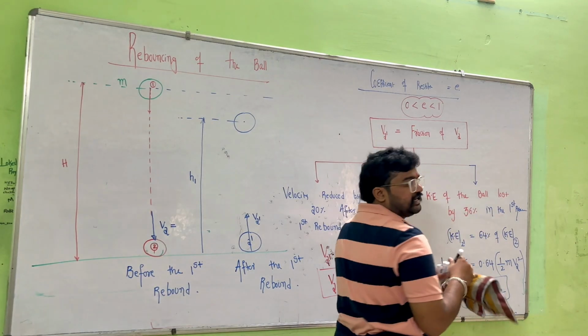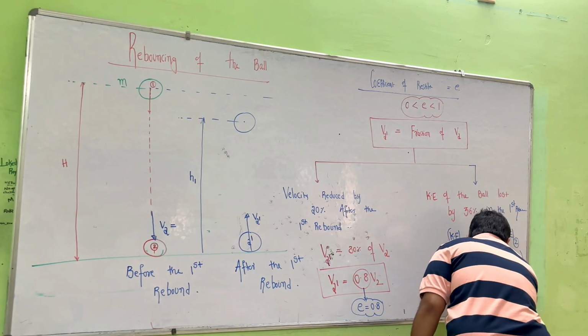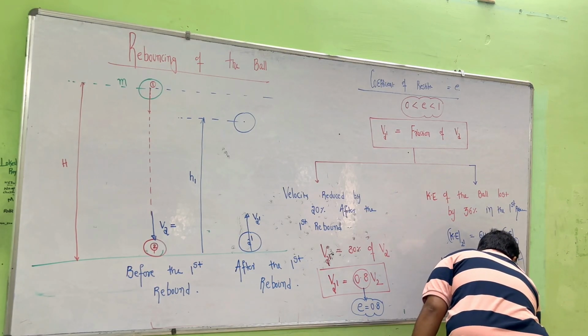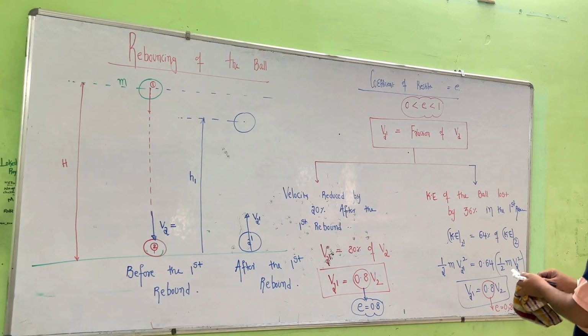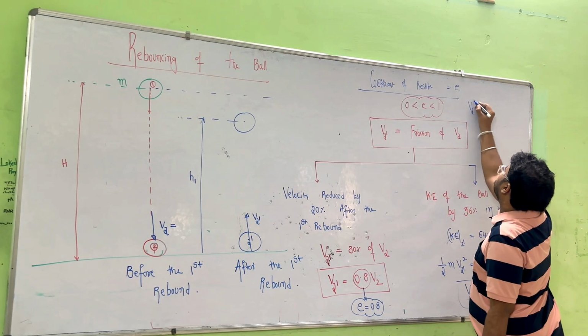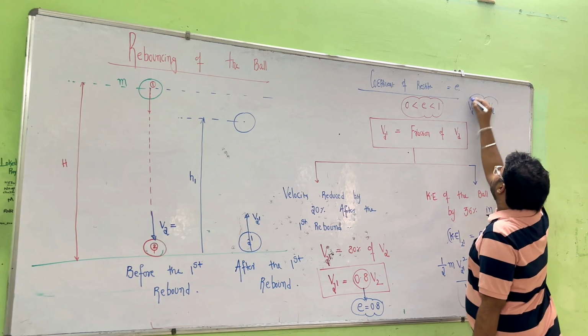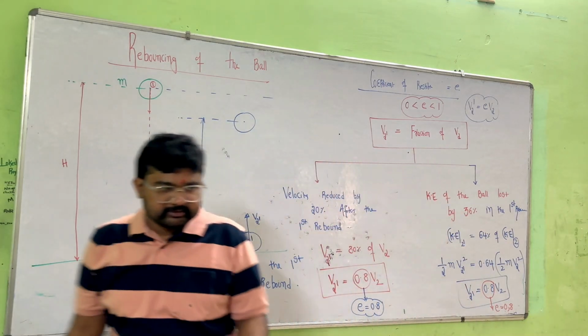Then 0.8 is the coefficient of restitution. Understood? V2 dash equals e into V2. How is it obtained? Tell me.